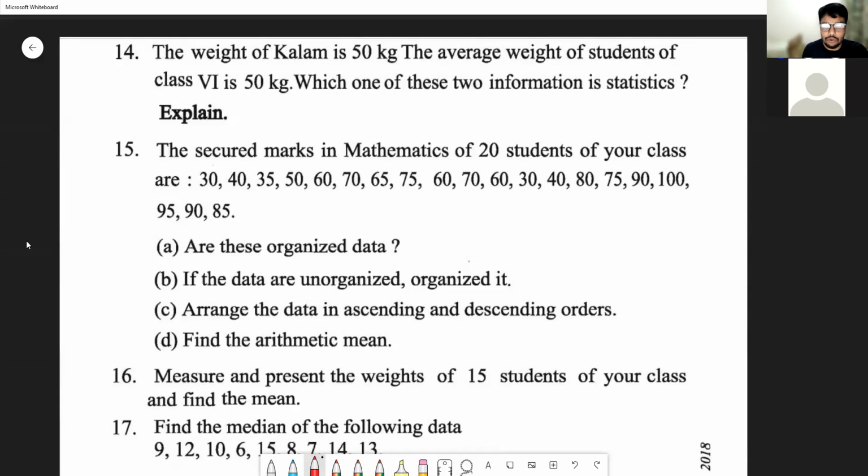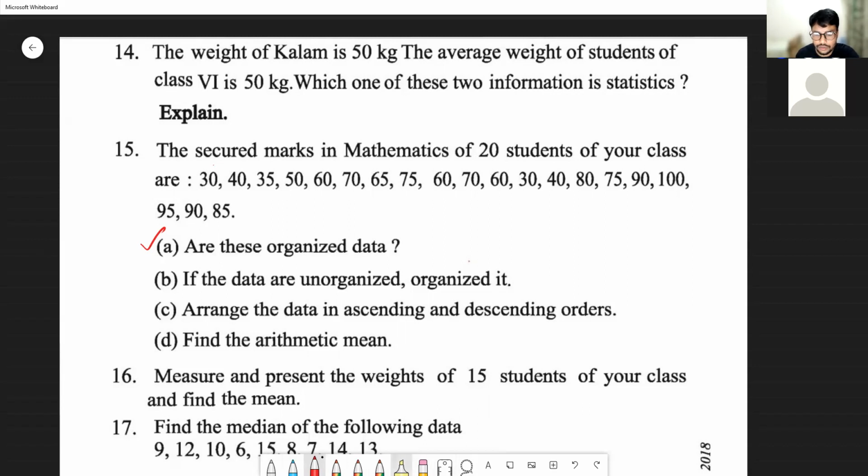Okay. Now, what are the total requirements here? There are a total of 4 questions. Okay, now what is the answer of the first question? What is the answer of question A? Are these disorganized data? No. Why do you think this is no?